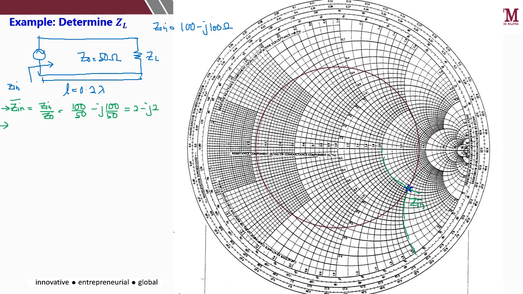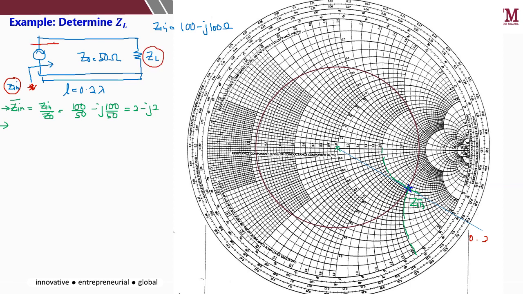Once you have the SWR circle, then you can project from the center of the Smith chart crossing at your Z-in, then you'll get your current position. So at this point, it is 0.2.